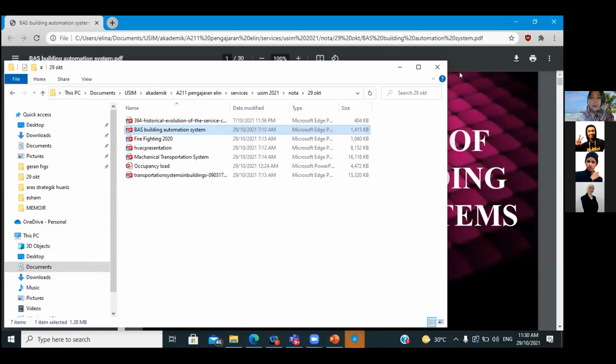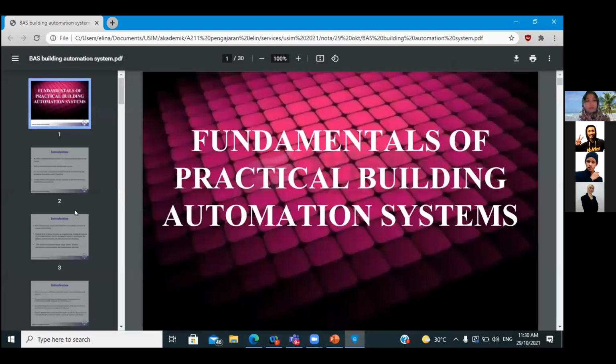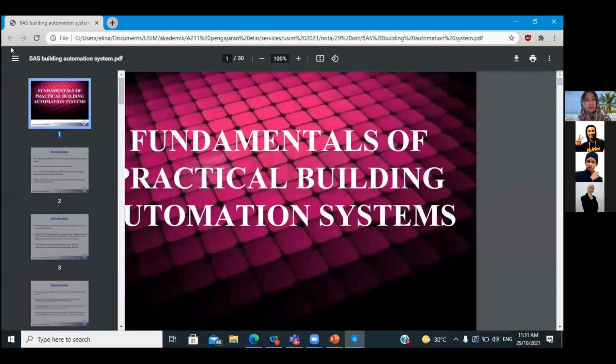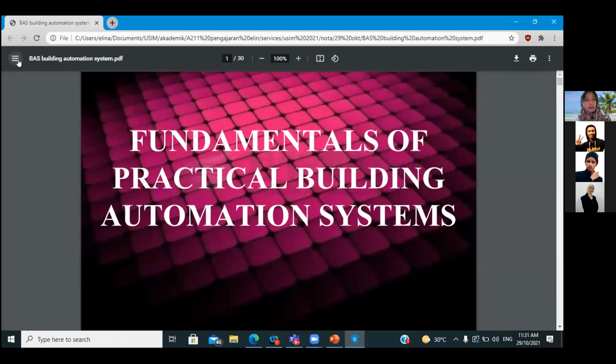This is a new topic for today, okay? Fundamentals of practical building automation system. Okay, we have now already talked about the fire, talked about the aircon. And you already know the beam, the ceiling, the column, floor finish level, clear height.